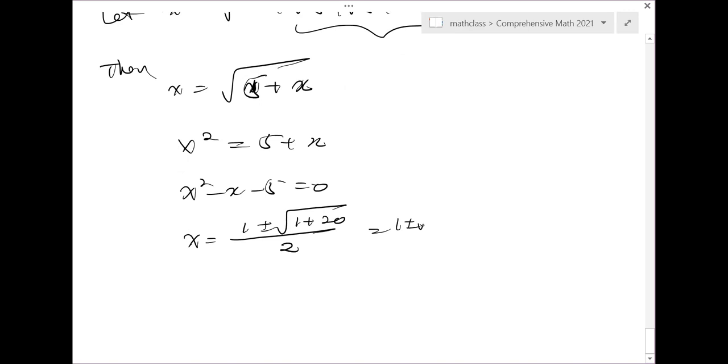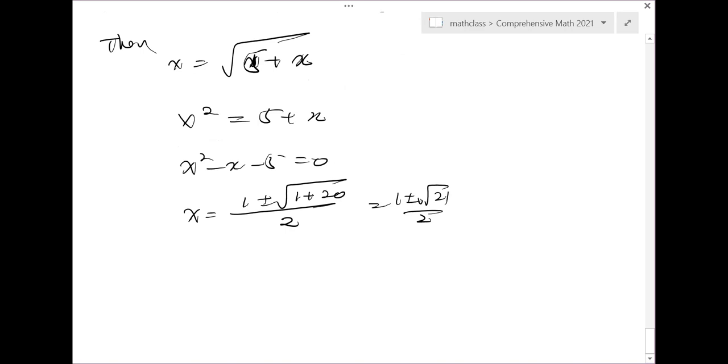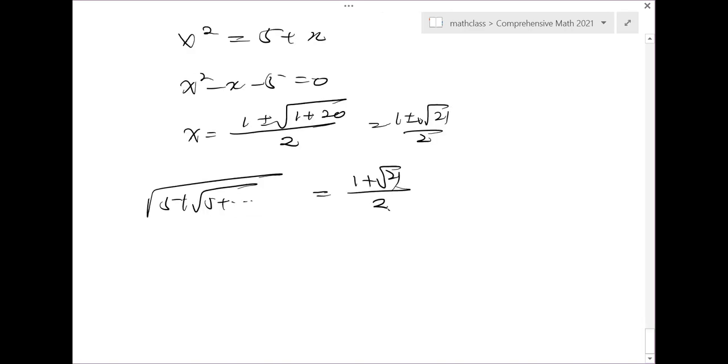So x is 1 plus or minus the square root of 21, divided by 2. The answer should be positive, so the answer is 1 plus square root of 21 over 2. It's an irrational number. All right, good.